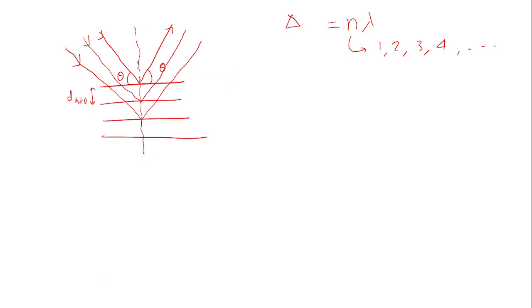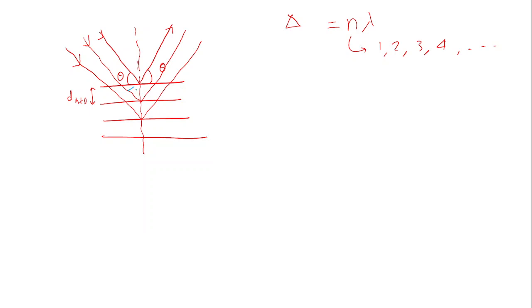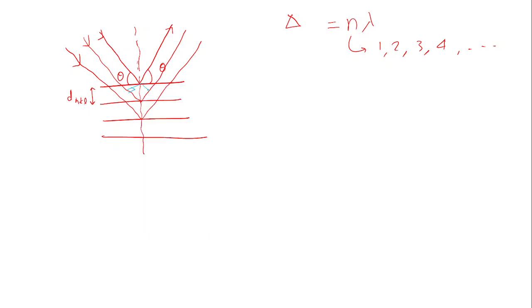The extra path that is covered by this second X-ray is, if I drop a normal from this point on this second X-ray at 90 degrees, and on this also, this is 90 degrees, then if I find out this extra length, this is the path difference, because till here to here it's the same, till here to here the distance is the same. This is the extra path that they are covering.